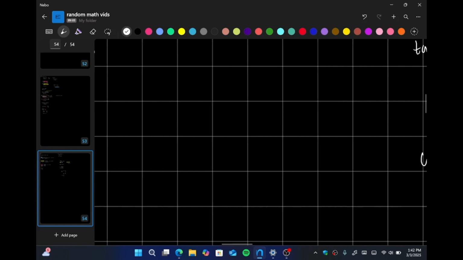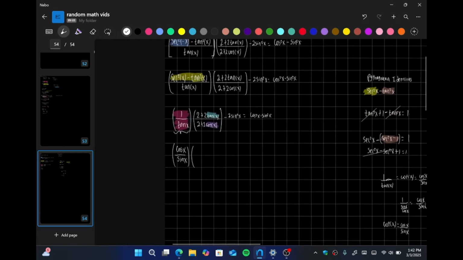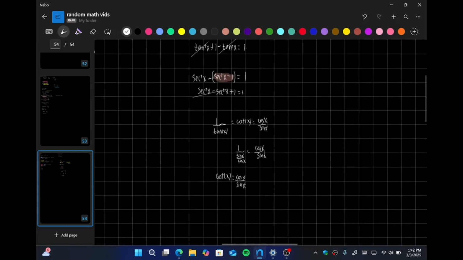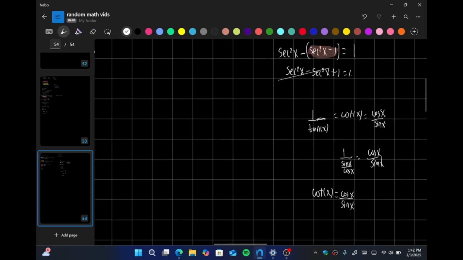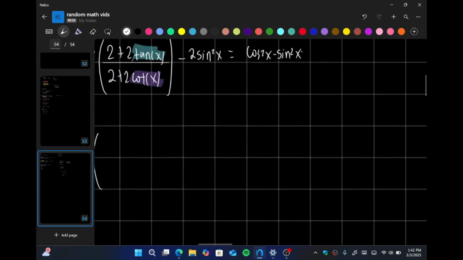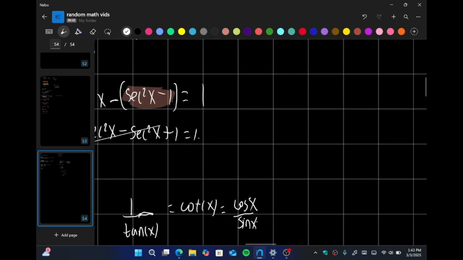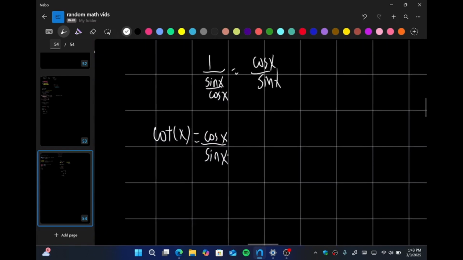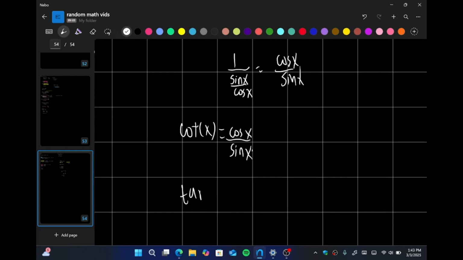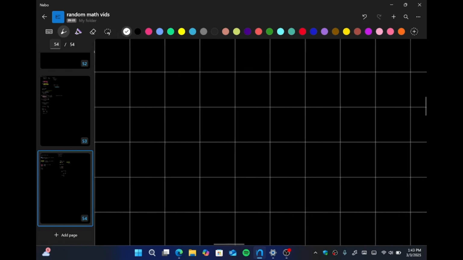I'm just rewriting that, since we did it a minute ago. I would highlight that in purple. And then tan x is sine x over cosine x, okay? So I'm just writing these down here.